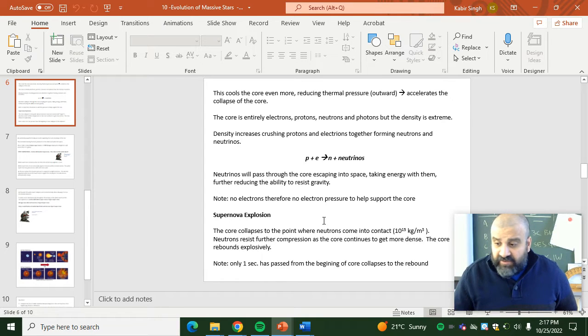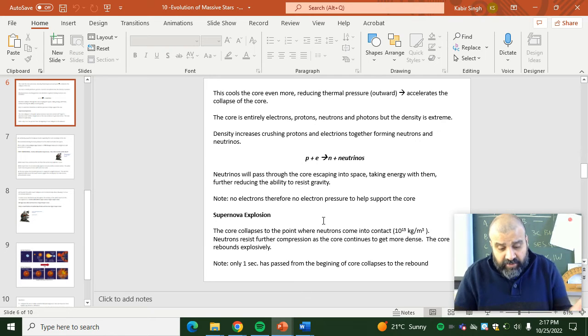So we go beyond electron degeneracy. We collapse further beyond that, because there are no electrons to resist the pressure. The neutrons are collapsed to the point where the matter actually comes in contact with each other. It's extremely dense, but it can't go any further, so it rebounds outwards like an elastic ball.